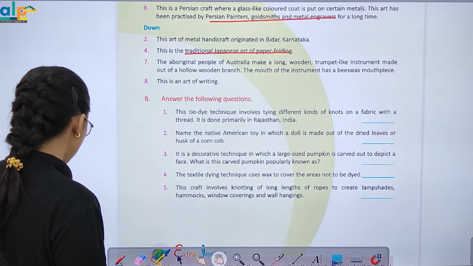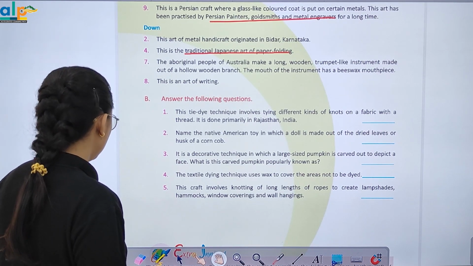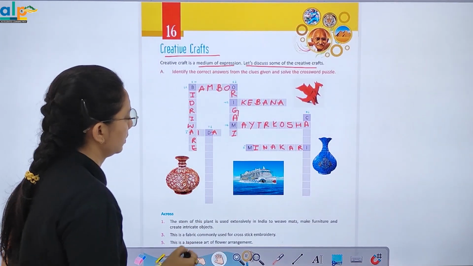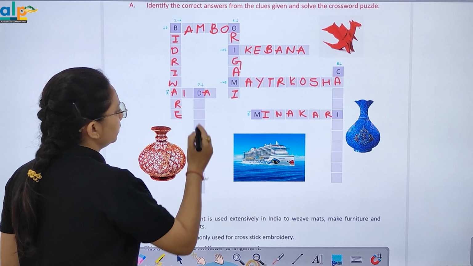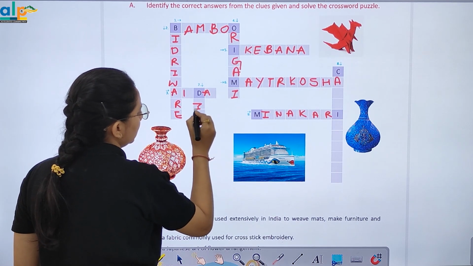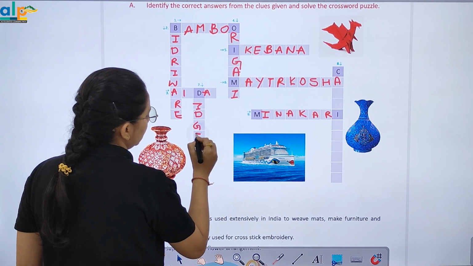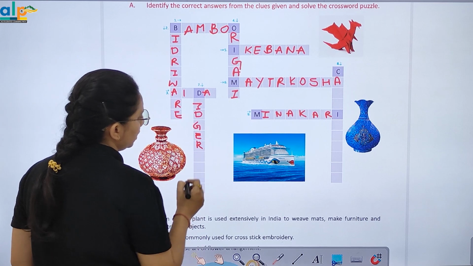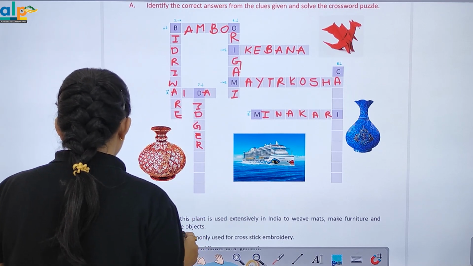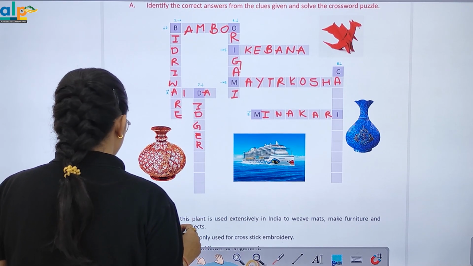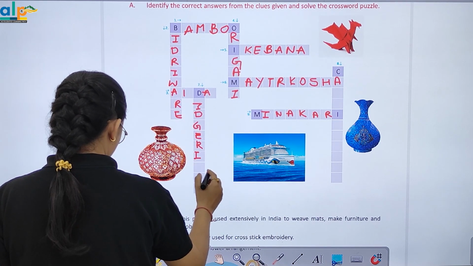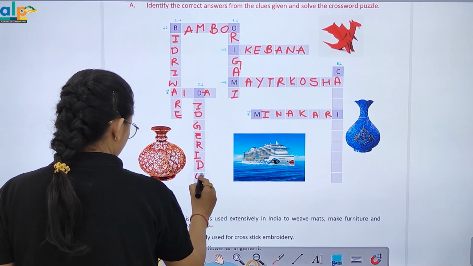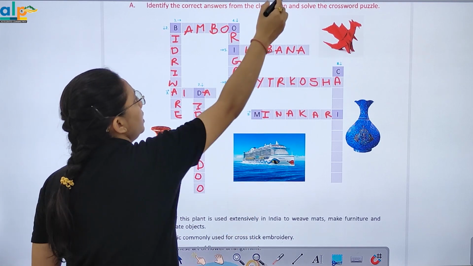Right? What we call is, that is didgeridoo.